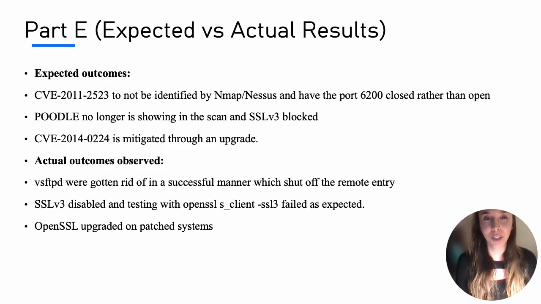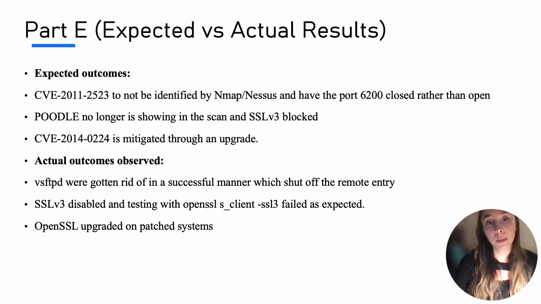Next up, I'll be taking you through the expected versus the actual results. Expected was that CVE 2011-2523 would not be identified by Nmap and have port 6200 closed rather than open. I wanted Poodle to no longer show in the scan and SSL v3 blocked, and CVE 2014-0224 to be mitigated through an upgrade.